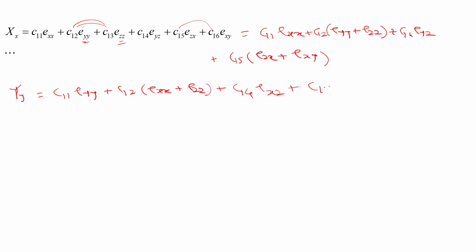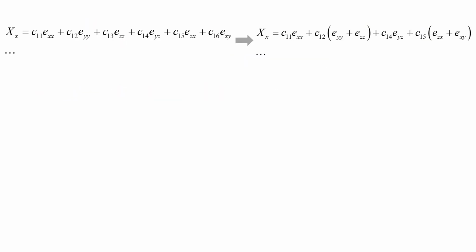And therefore you have C15 times (εzy plus εxy). This is the way we can write σxx and σyy.